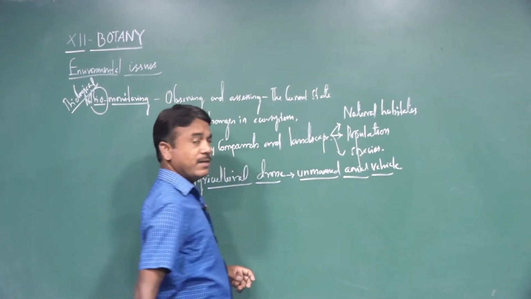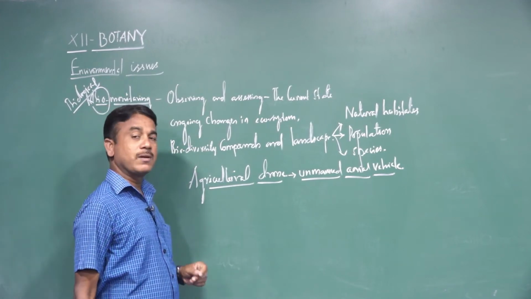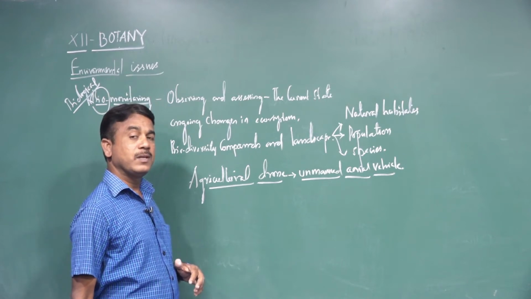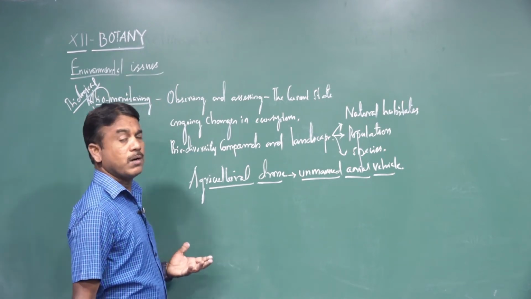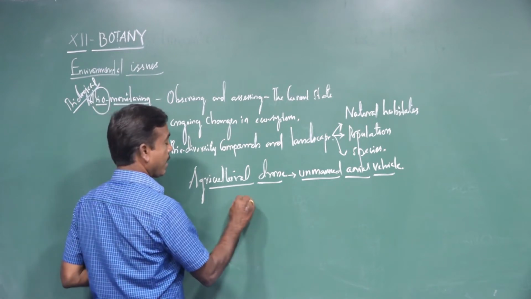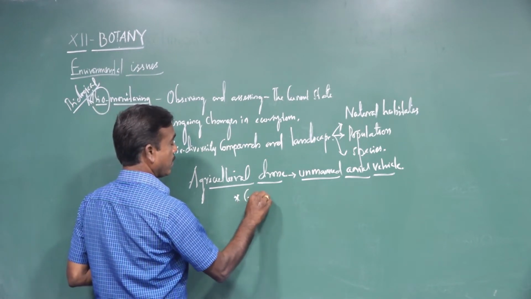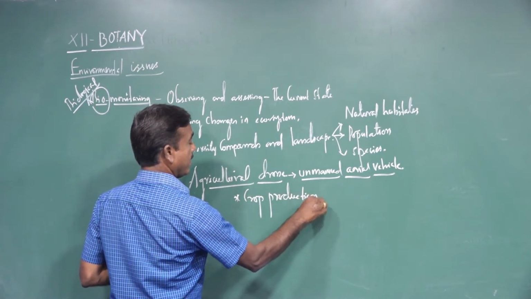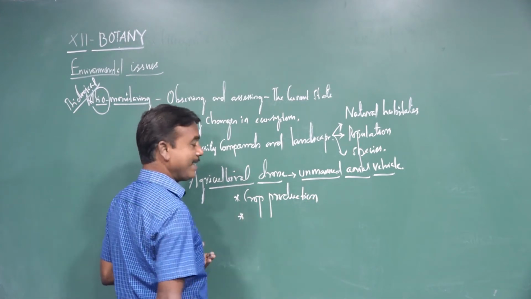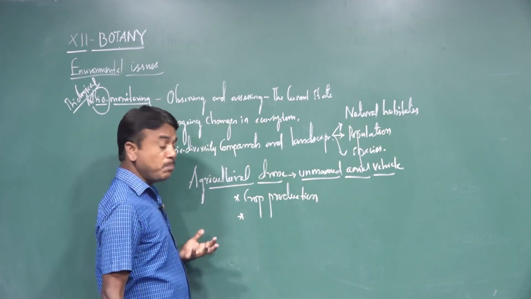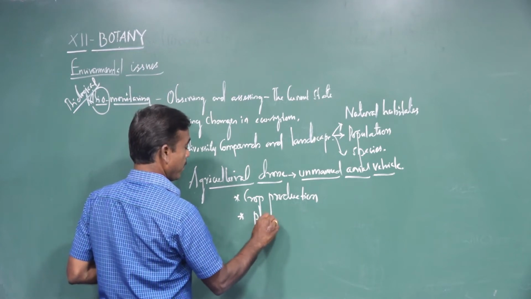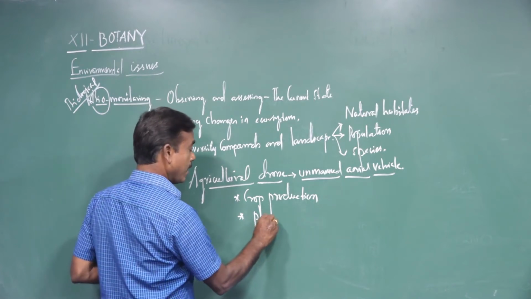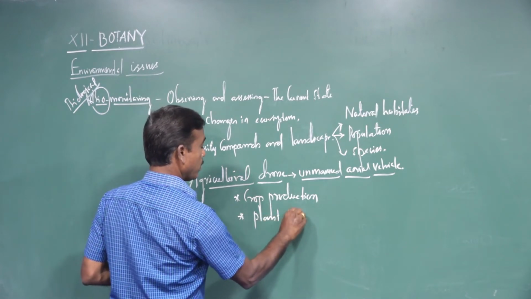If an unmanned aerial vehicle or agricultural drone is used for agricultural purposes, you can study or enhance crop production. In addition, using an agricultural drone, you can measure, analyze, or manage plant growth.